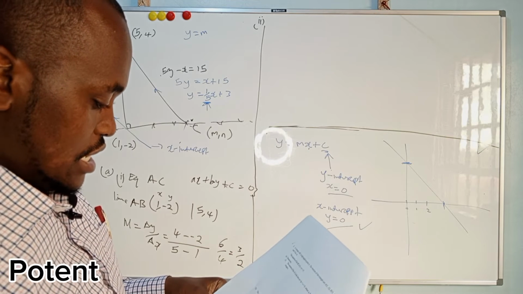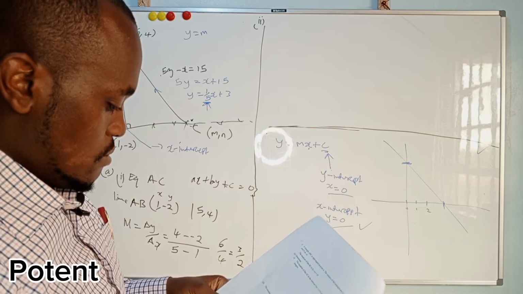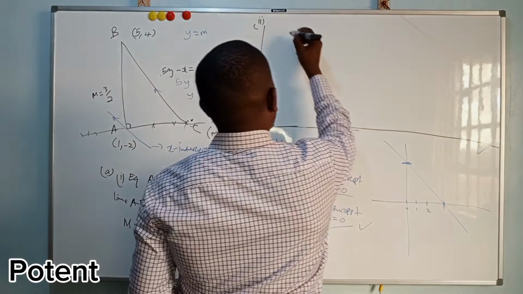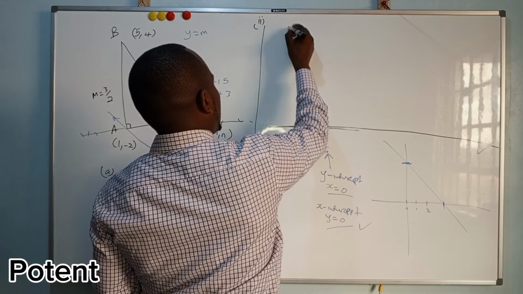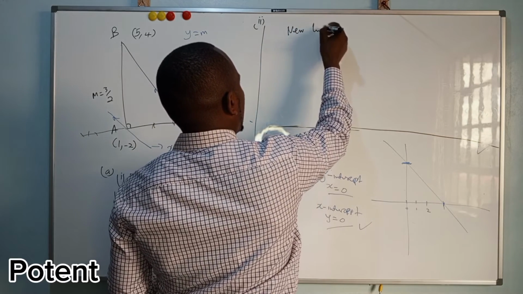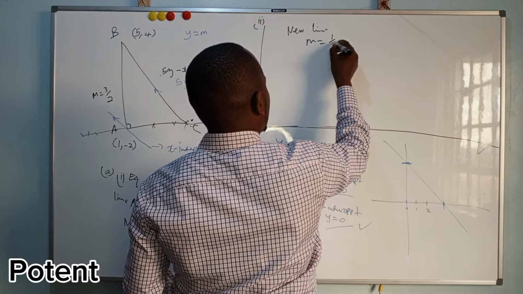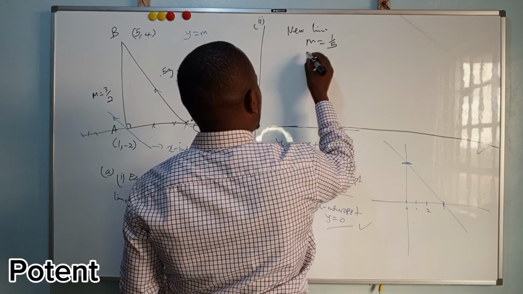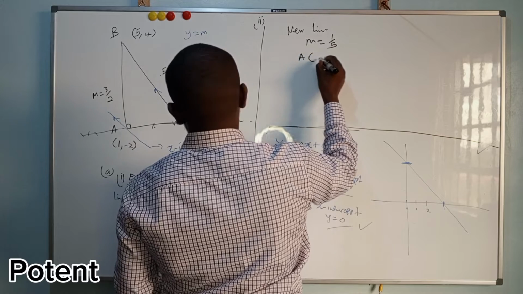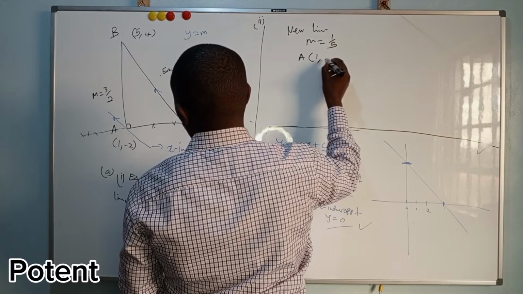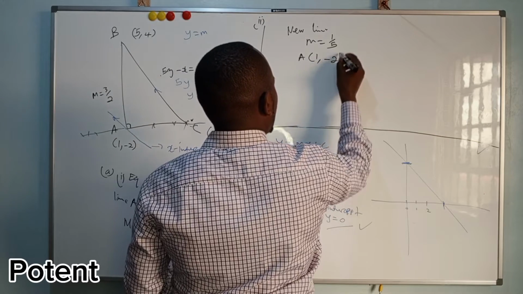Now, so we say this new line has gradient m equals 1 over 5. And it also passes through point A, which is (1, -2).